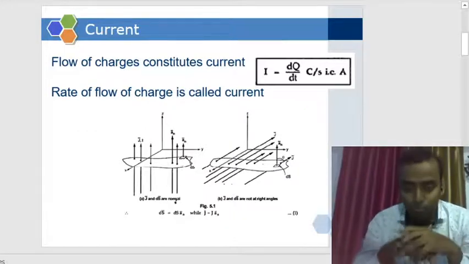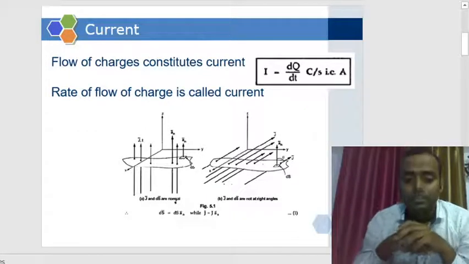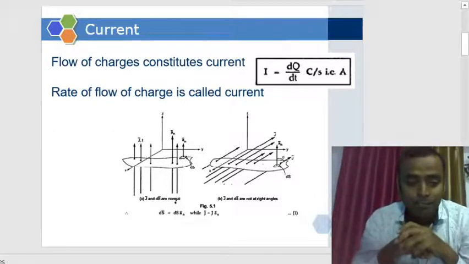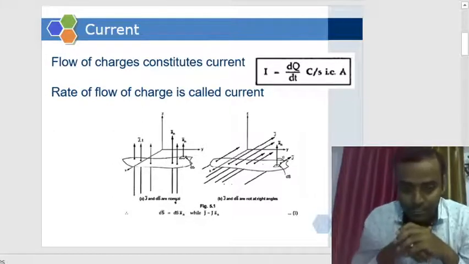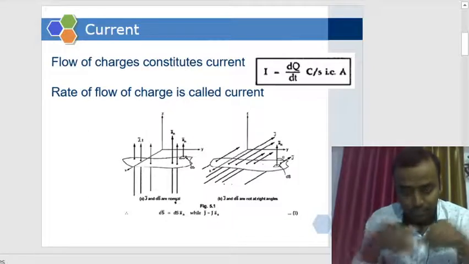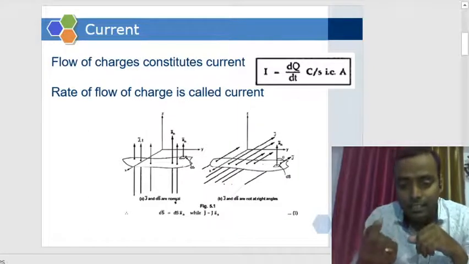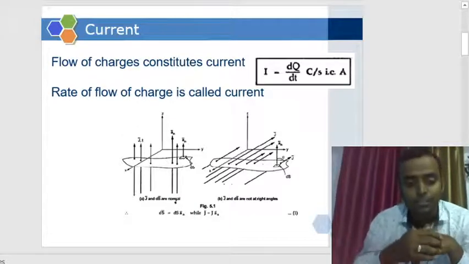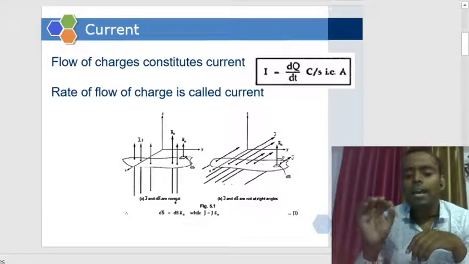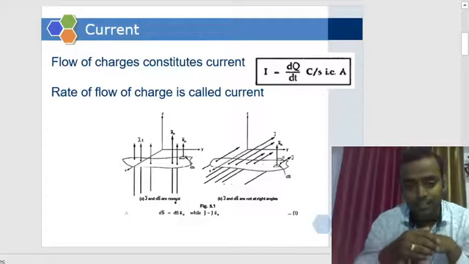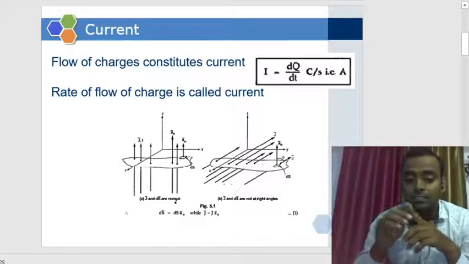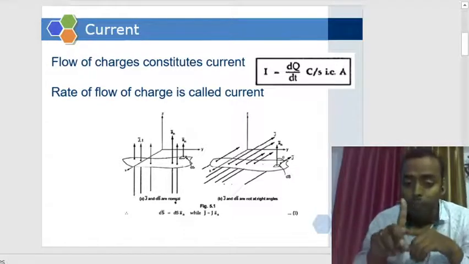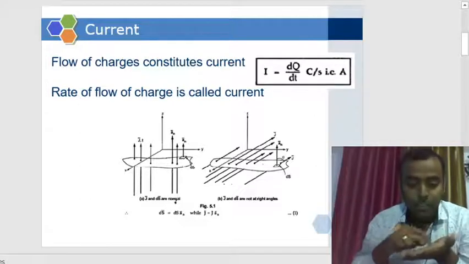So from the figure you can see how we will define the current. See, there is a surface. Okay, take any differential surface area ds, and we will consider the normal vector from this ds.